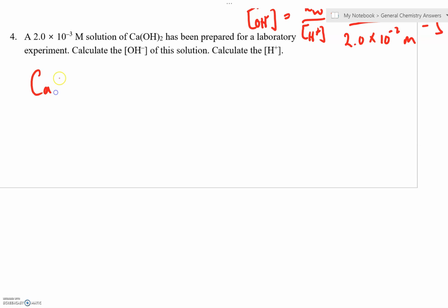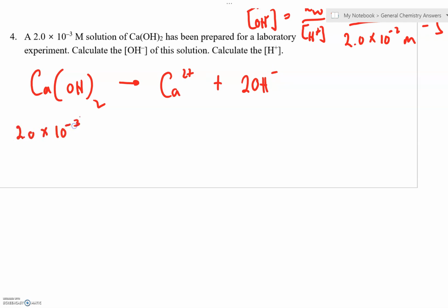We've got calcium hydroxide, which we know is going to dissociate into 1 calcium and 2 hydroxides. So this is a 2 times 10 to the minus 3rd molar solution of calcium hydroxide. So you're going to get exactly the same amount of calcium, but you have 2 hydroxides.